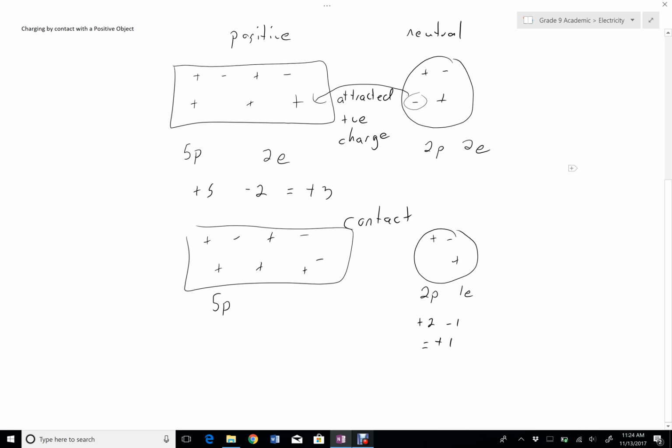It's still positive, but it's not as positive as it was before. So with a positive object, to share its charge, it actually accepts electrons from the neutral object, and that way this +3 that it had originally can be shared between the two objects in the final situation.